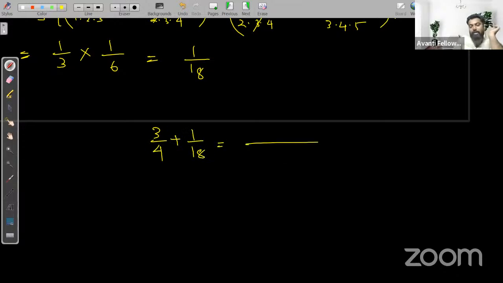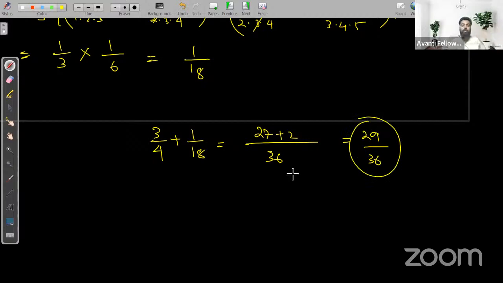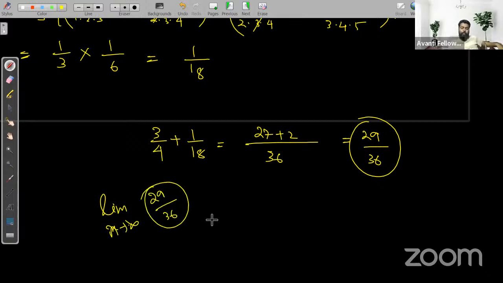The LCM will be 36, and this will be 27 plus 2. So this answer will be 29 upon 36. So you are getting a constant. When you apply the limit, there is no need to be worried. So 29 upon 36 will be your answer.